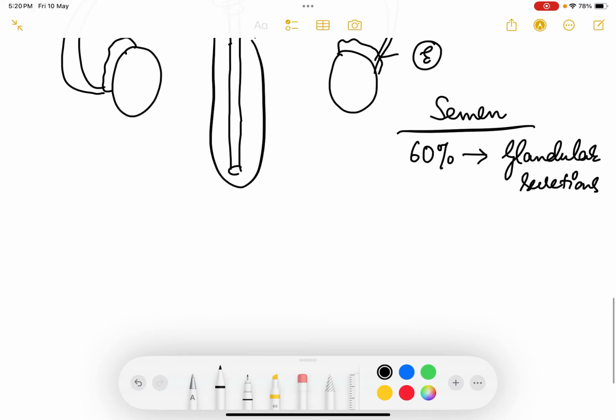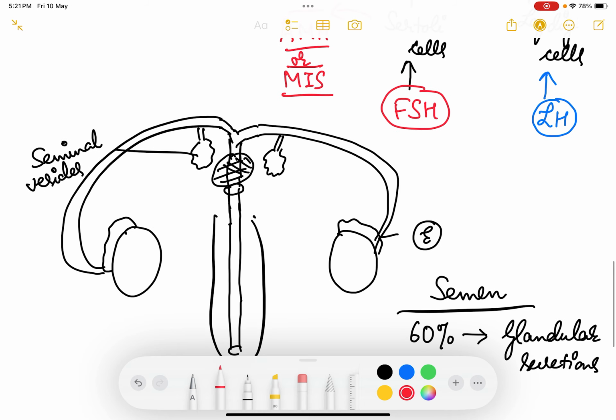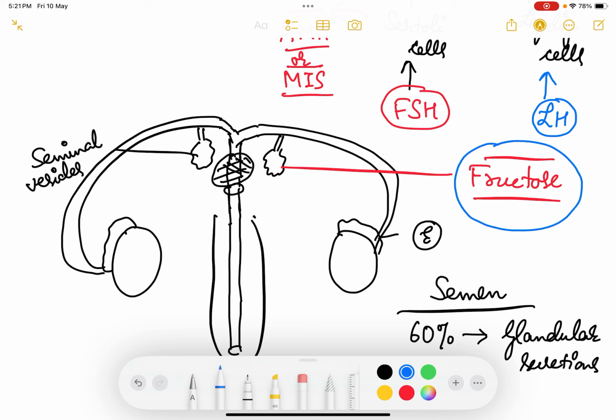Out of these secretions, always remember that the seminal vesicles add fructose, which is the energy provider for the sperms. This is very important because we use fructose for testing the level of block. I'll tell you in detail how we use the fructose.